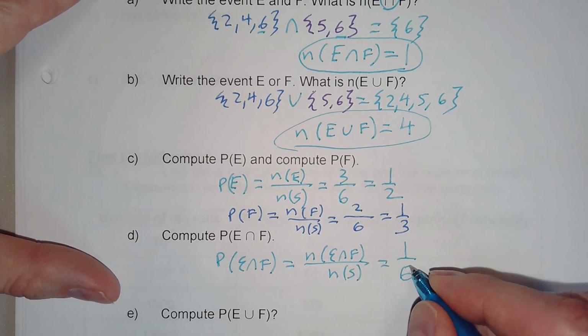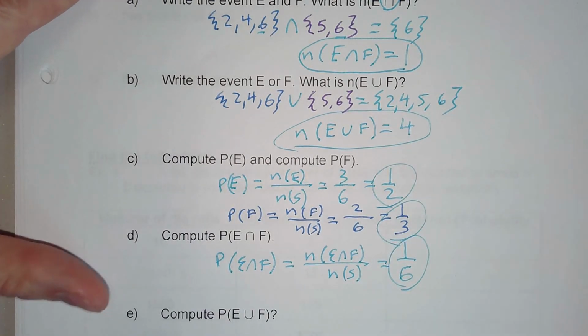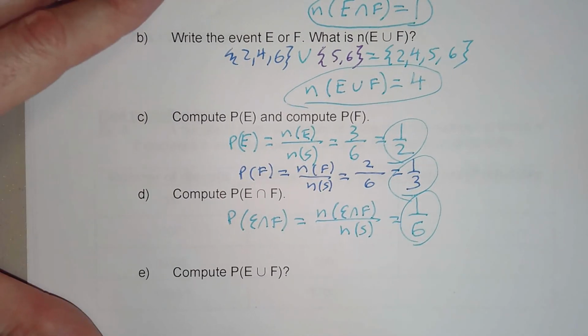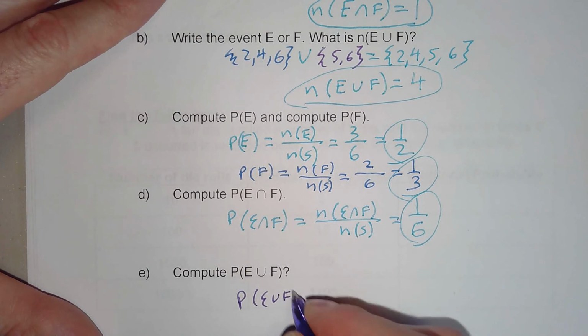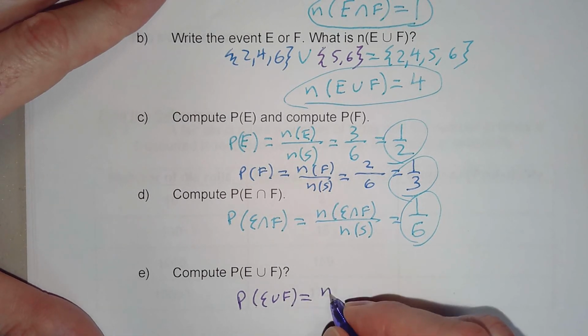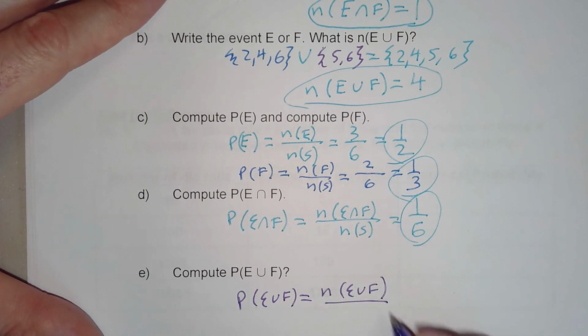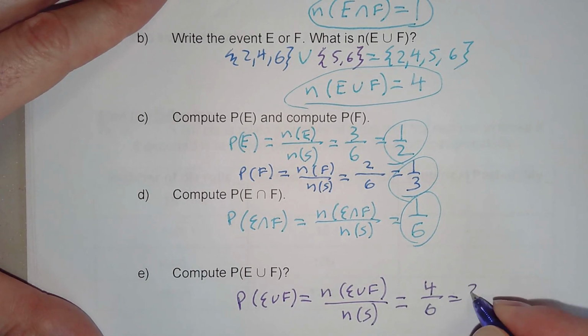So that'd be 1/6. And then for E union F, we're now calculating the probability of the union. And we've already calculated that above. That was 4. So that'd be 4/6, which we reduce to 2/3.